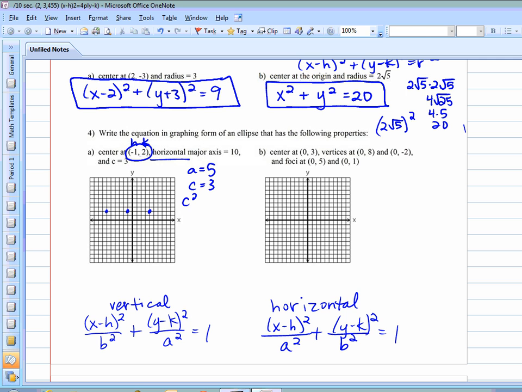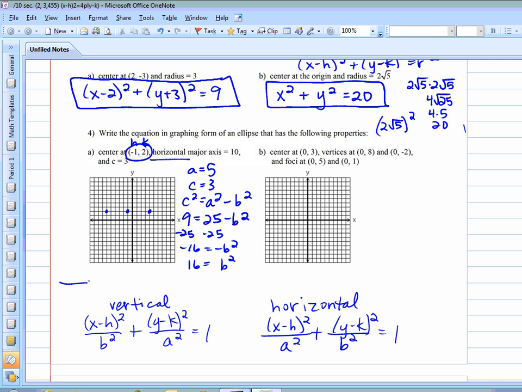Well, we have a c squared equation for an ellipse that is c squared equals a squared minus b squared. So when I plug in the values and solve for b squared, just doing this quick, I get a positive b squared of 16. Remember that b would be 4, but the b squared is what goes in the answer.